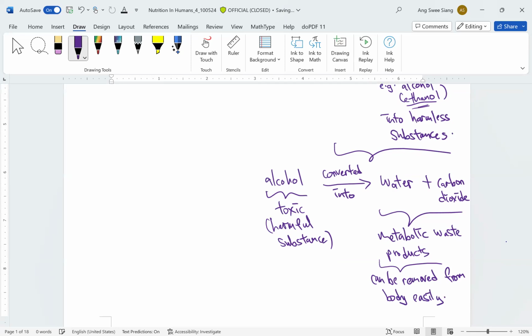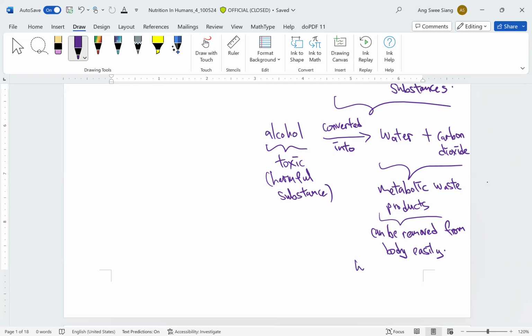I think some of you are aware. The water can be easily removed by the kidney. Any excess water will be removed by the kidney.